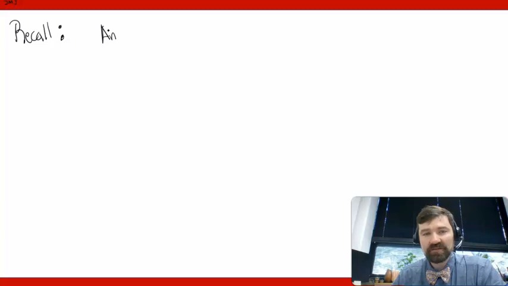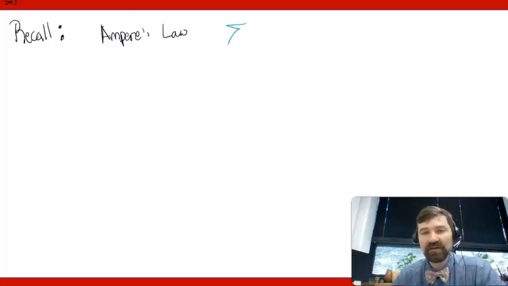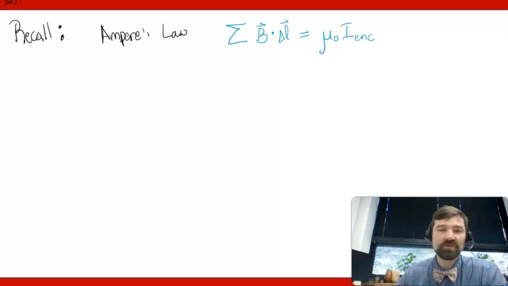From an algebra-based physics perspective, Ampere's law just says that if I go around a complete closed path and add up around that closed path all of the B dot dl terms needed to make that closed path, I should get this fundamental constant mu naught times the enclosed current, that is the current that's enclosed by this path.